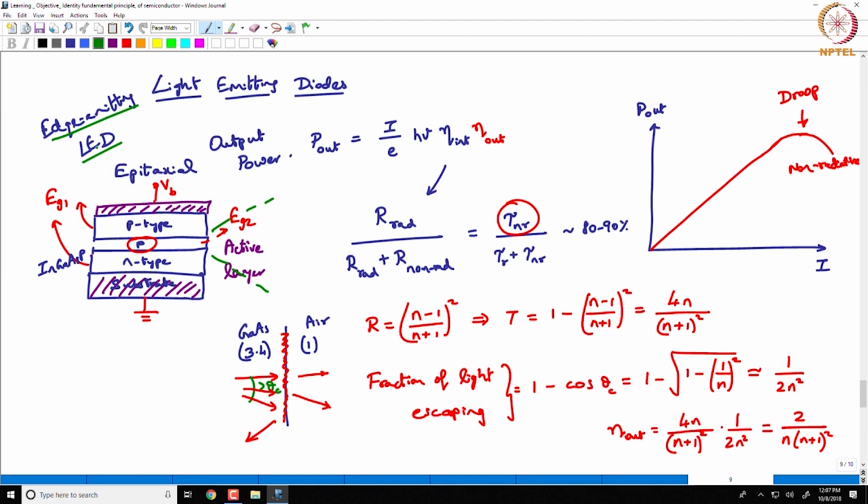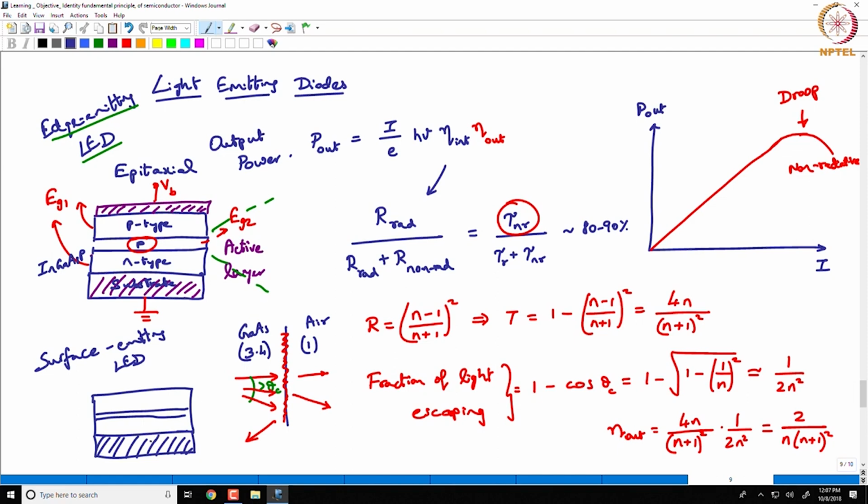Okay. This is actually slightly different from another type of LED, which is called a surface emitting LED. In a surface emitting LED, you have the same heterostructure with the active region being like this, and you may have the substrate also like this, which may be highly conducting.